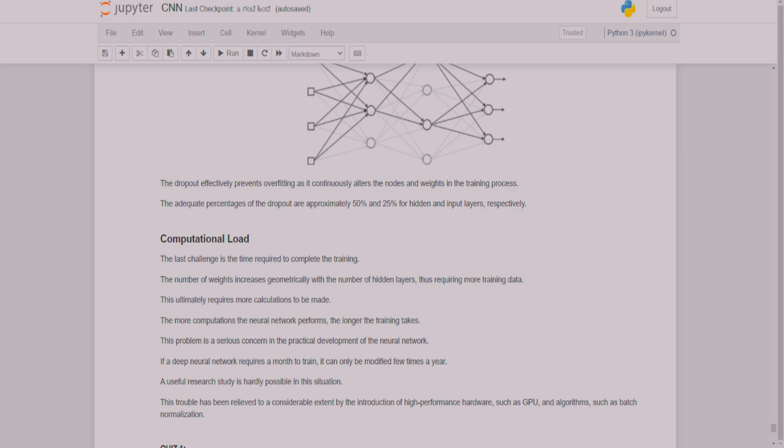Suppose we are implementing image identification for maybe 10 or 20 types of classified images. When we train it, after training, we need to deploy it.